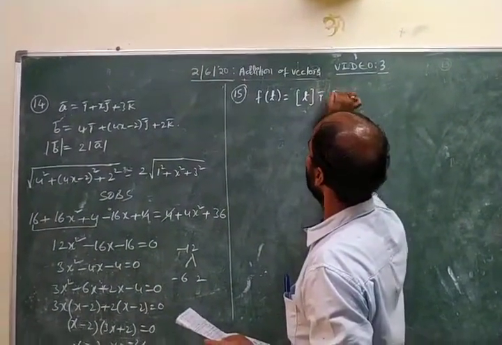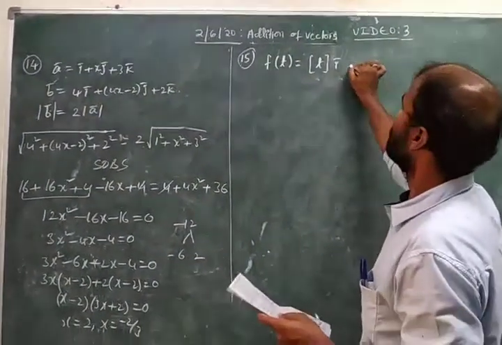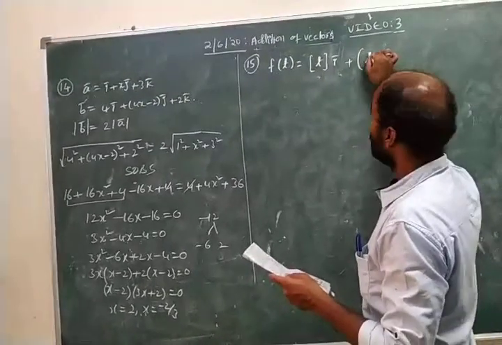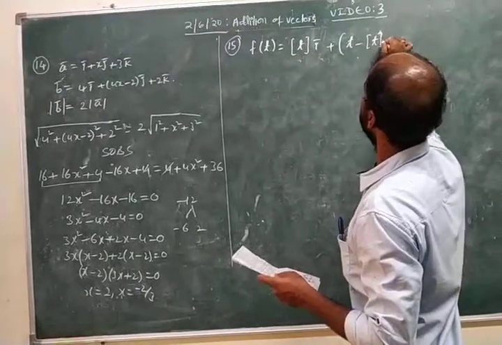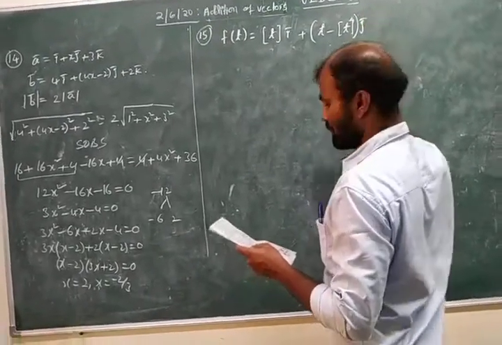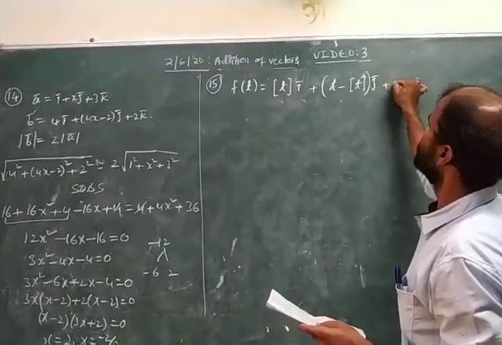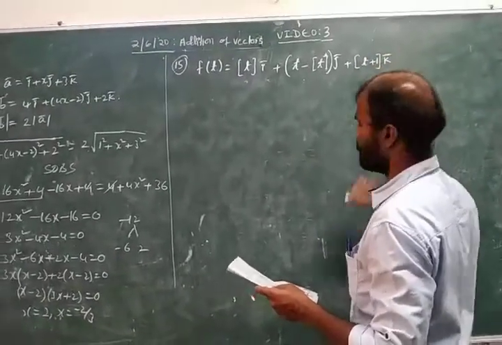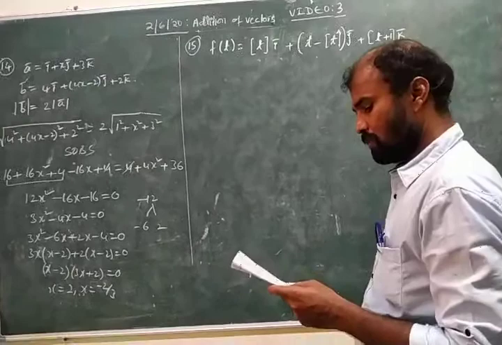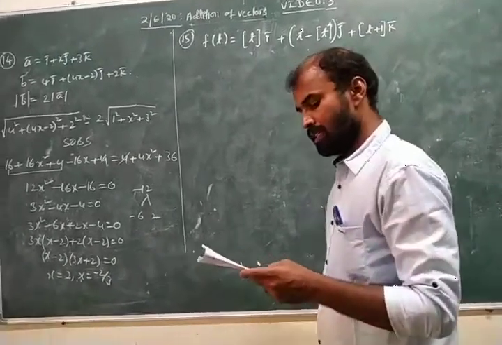f of t equals step t into I bar plus (t minus step t) into J bar plus (step of t plus 1) into K bar. Here step is the greatest integer function.